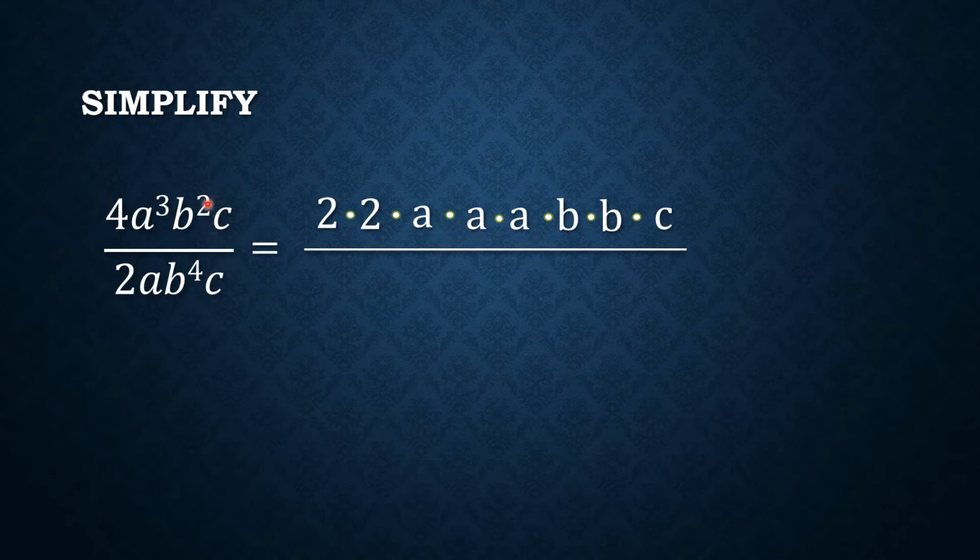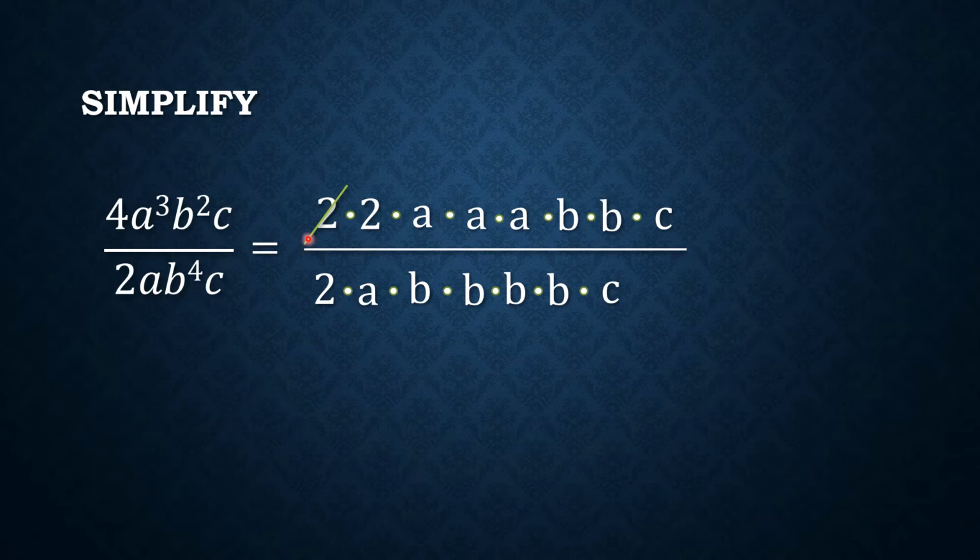Meron akong dalawang b's, b squared, so sulat mo b times b. Isang c, so isang c lang. The denominator, ganyan din yung gagawin natin. So, we have 2 times a times b times b times b times b times c. So, obviously, same. Apat na b, apat na b. Isang c lang isusulat.